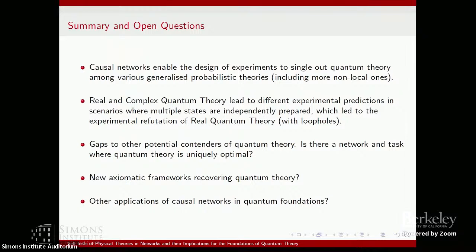Then in the next step, it would be nice to bring these insights to some axiomatic way to recover quantum theory from features that we learn from these network tests. And as a last thing, I think this also shows that these networks can all of a sudden bring us new avenues to look at quantum foundations.